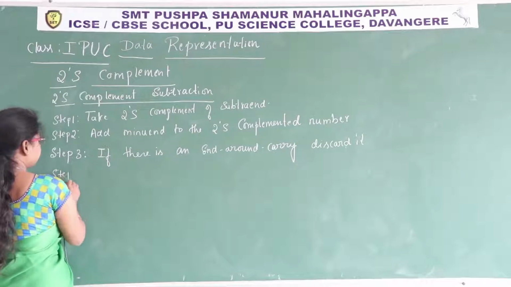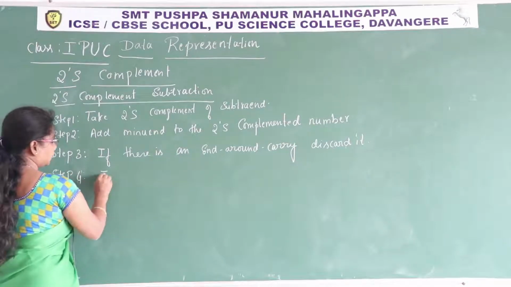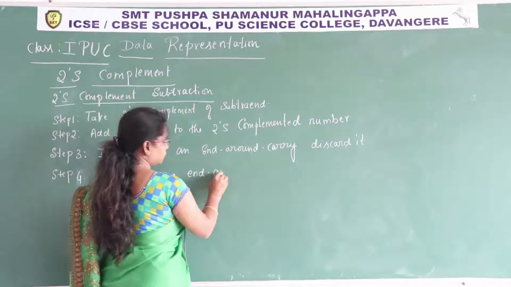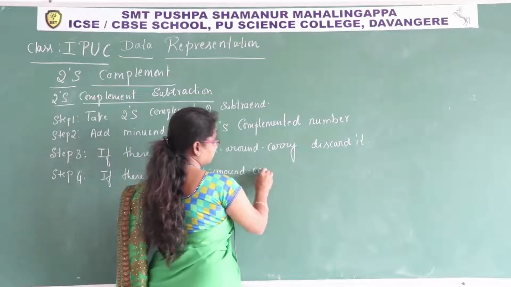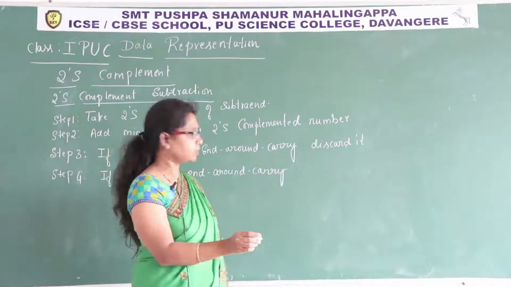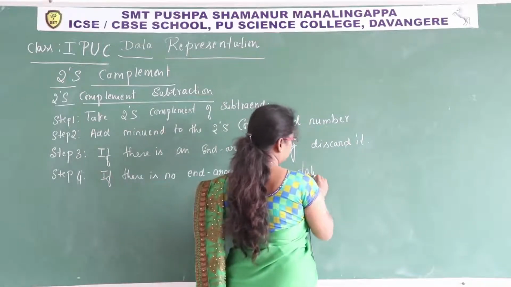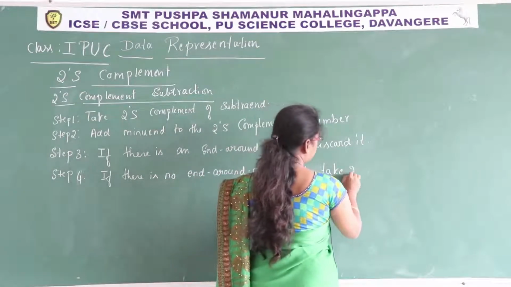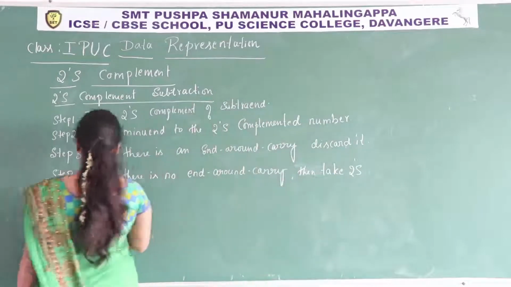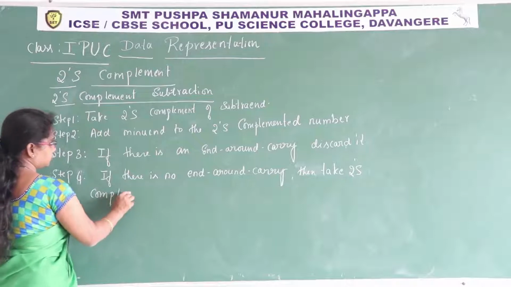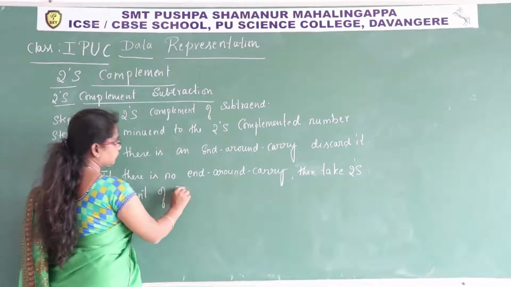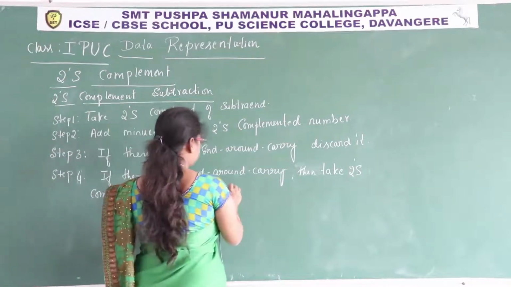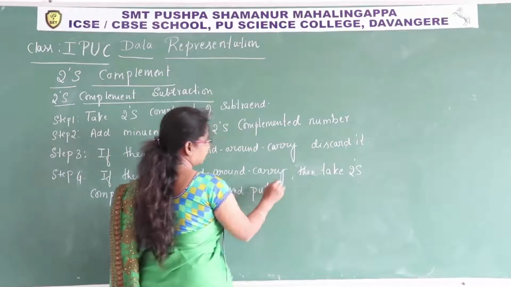Next, if there is no end around carry, you have to follow the same rule and take 2's complement of the result, then take the 2's complement of the result and put minus sign.